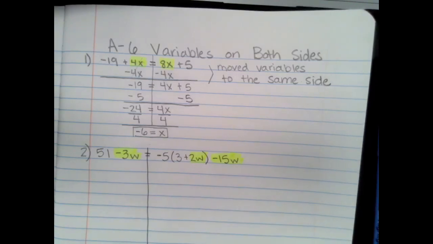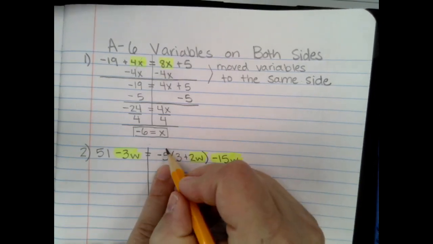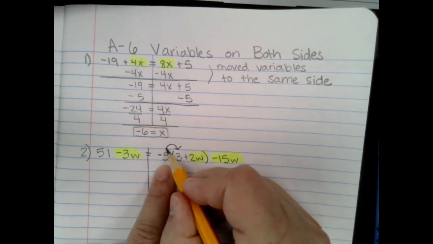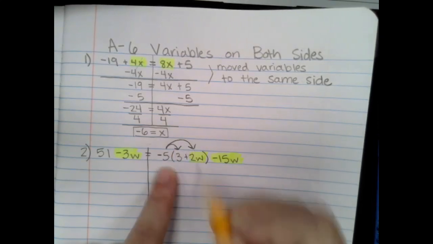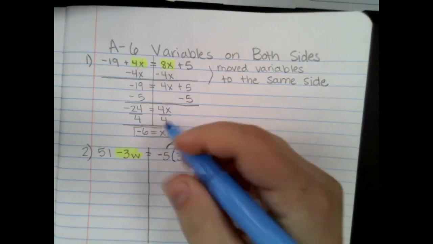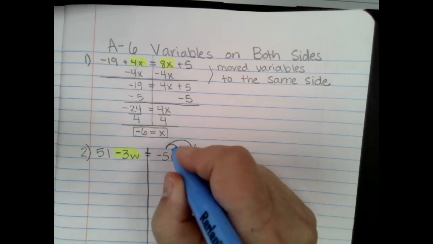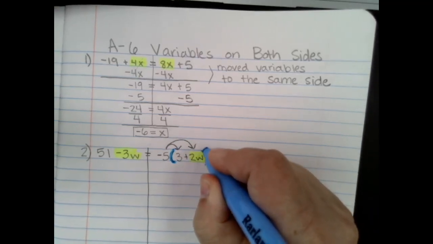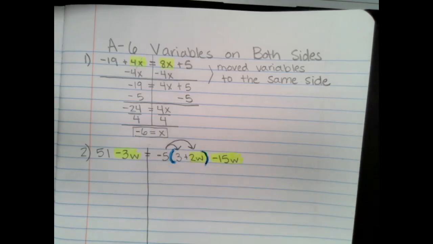Good. How did you know negative 5 times 3? It's connected. It's touching those parentheses. This is where I'm using my other highlighter today. If you don't want to use a highlighter there, you don't have to. I'm just going to show that we looked at those parentheses, which was a really important part. All right, we're getting to the point where we don't have to write that multiplying.